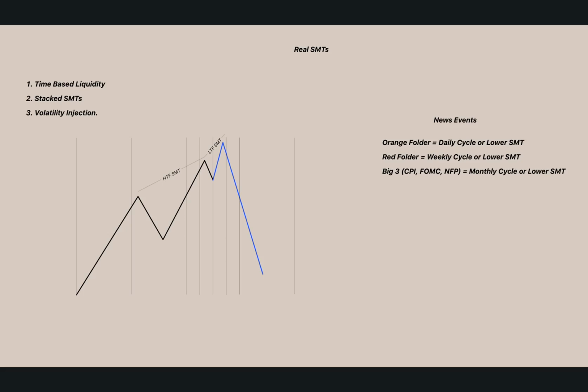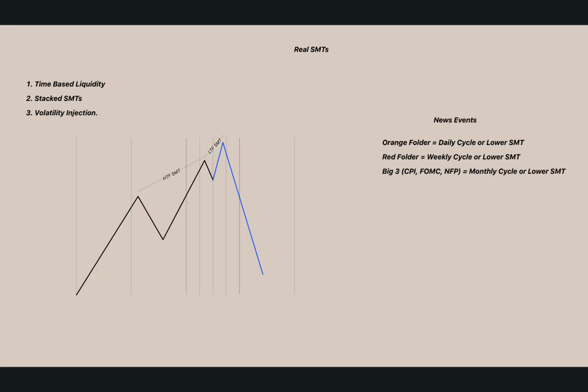So that's all for this lecture. Once again, real SMTs. What are the three things that make them up? One, time-based liquidity, the high and low of every quarter that is prior to the one you're trading in right now. So if you have SMT with the high or low of that, then that's what you're looking for, right? Two is stacked SMTs. So stacked SMT, higher time frame cycle SMT to a lower time frame cycle SMT.